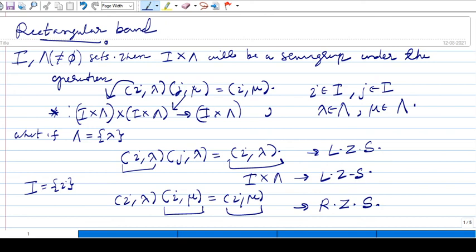Next we are going to see a very important semigroup, the power set of a semigroup. The power set of a semigroup is the collection of all subsets of the semigroup in our hand.